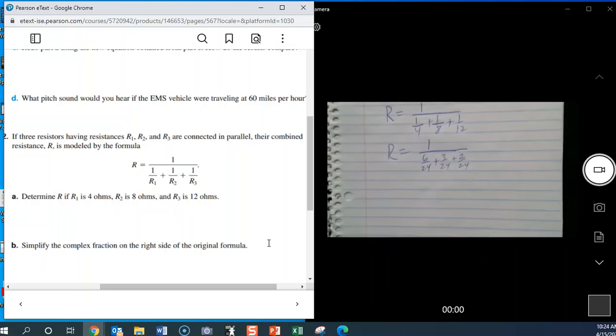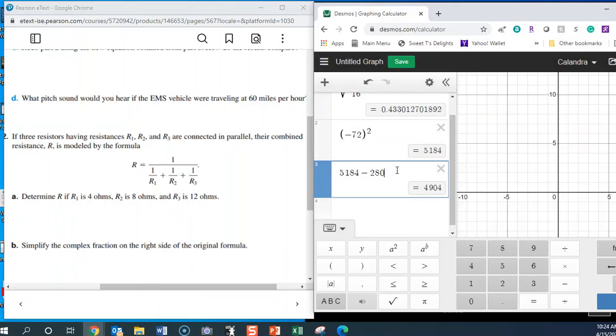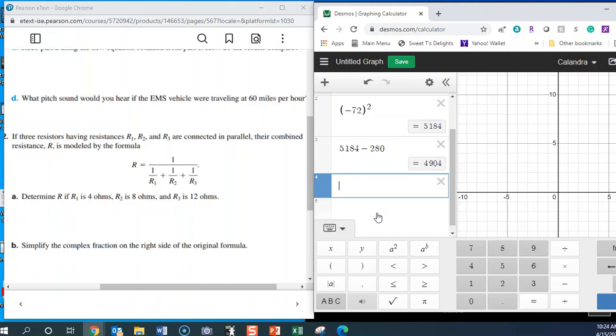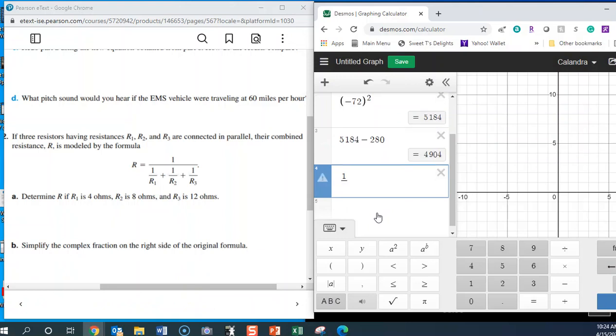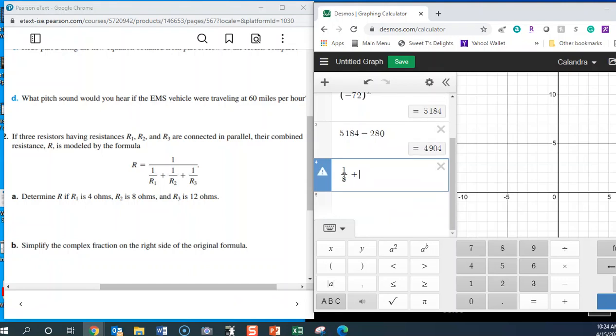Now I did that, but we could have done this in the calculator. Let me show you how we could have done this in the calculator. So we could have taken the 1/8 plus, oh, it was supposed to be 1/4 first, but let me go back here.